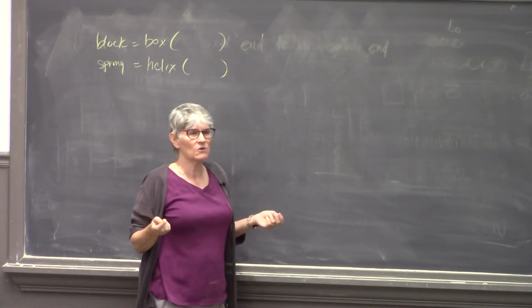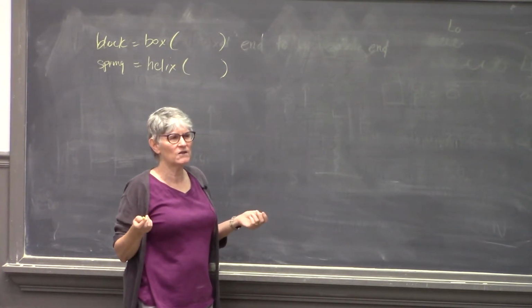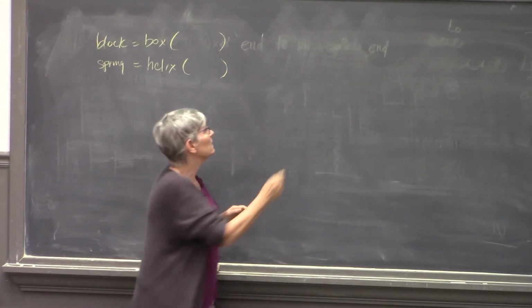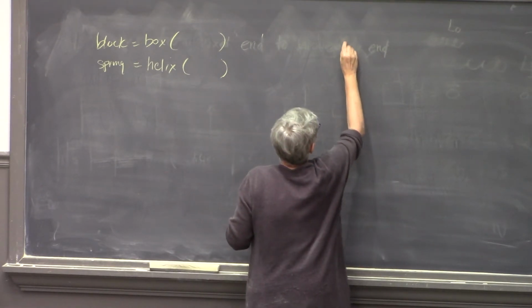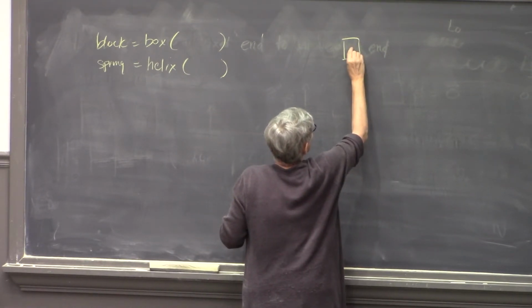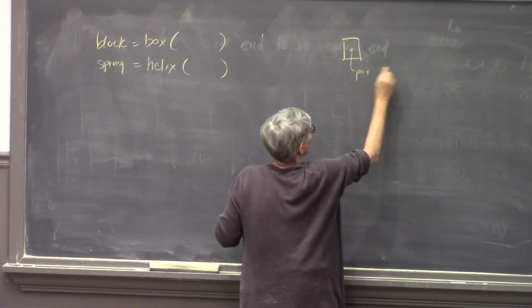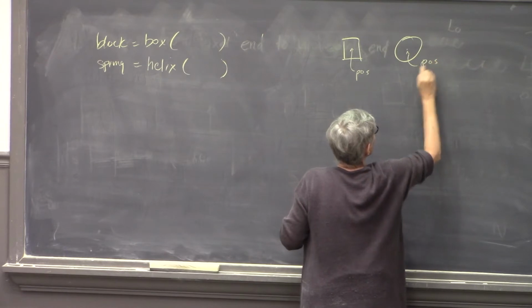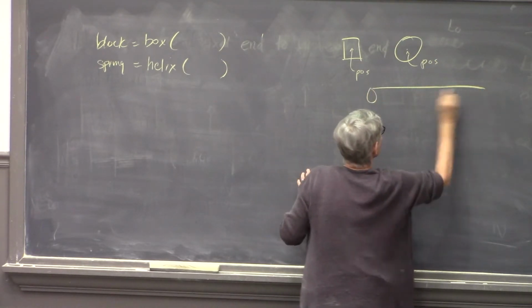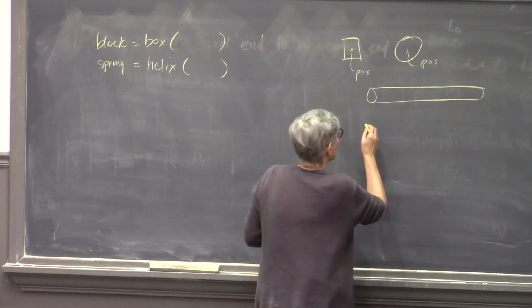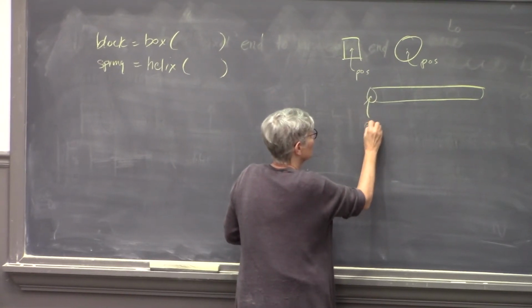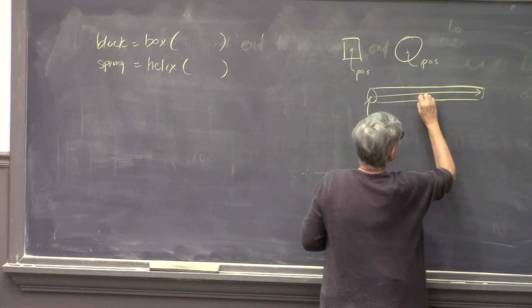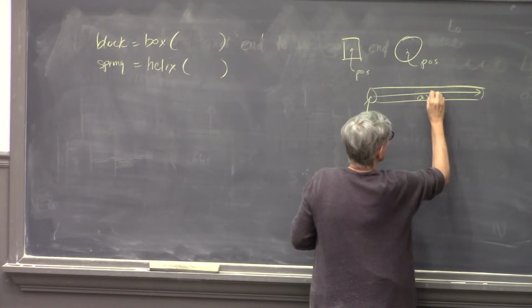So how does a helix work in VPython? Well, you saw in the spider program, if you looked at the twig, that even though a box has its position at the center and a sphere has its position at its center, a cylinder has its position at one end, and then there's a vector that goes from that end to the other end that's called axis.